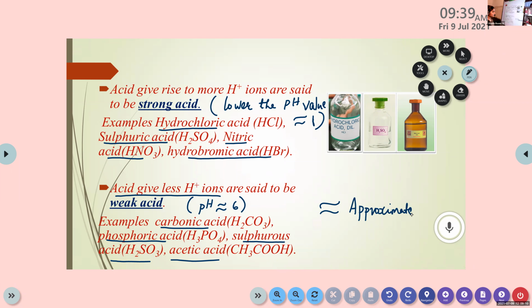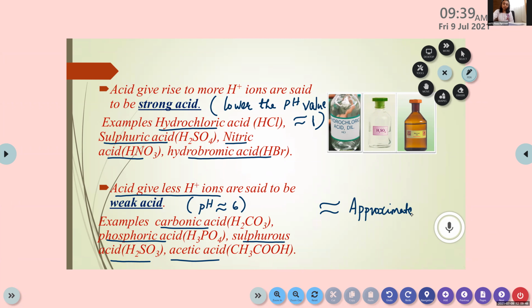Nas Parveen, can you please read it once again? Yes, ma'am. Acid give rise to more H plus ions are said to be strong acid. Lower the pH value approximately equal to 1. Example, hydrochloric acid, HCl, sulfuric acid, H2SO4, nitric acid, HNO3, hydrobromic acid, HBr. Acid give less H plus ions are said to be weak acid, pH approximately 6.